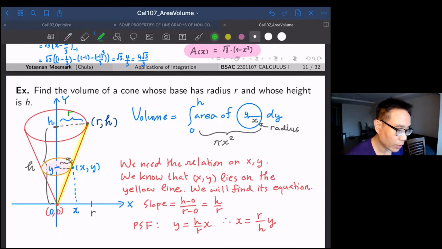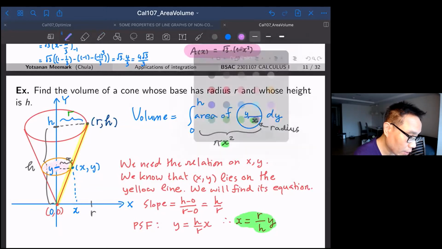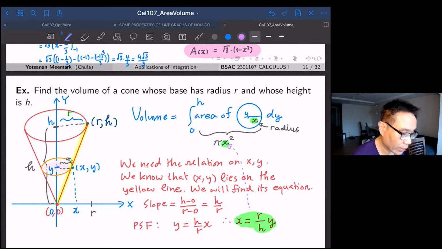And why do we need this relation? Because you know x equals r over h times y, and you have your x squared. So we're going to put this into this x.